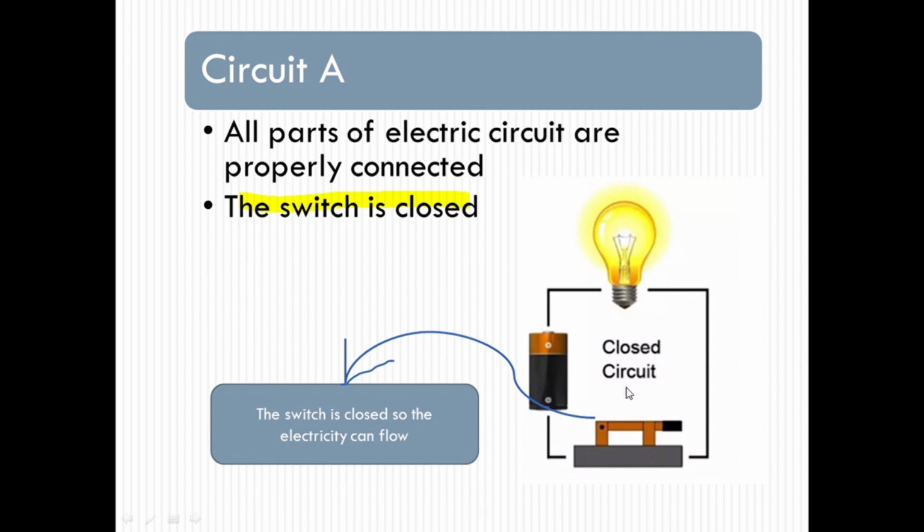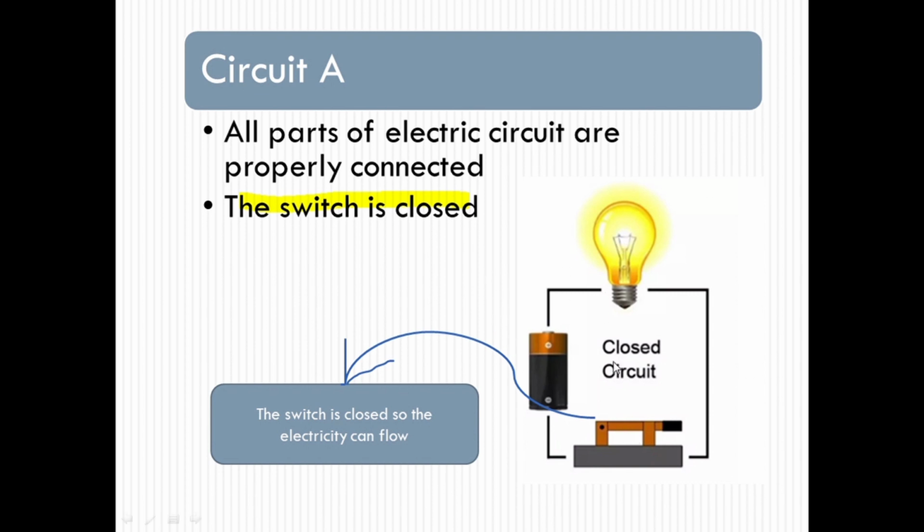Here, they consist of a battery, bulb, wires, and switch. All of the parts of the electric circuit here are properly connected. Look at the picture. There is no gap between them. And look at the switch. In circuit A, the switch is closed.